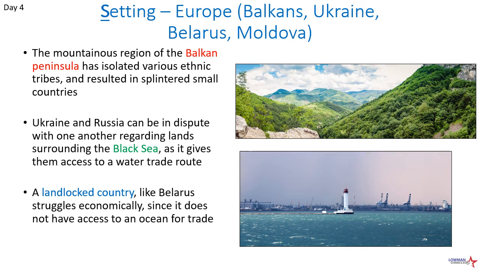The next thing is you're going to need to know the notes about Balkans, Ukraine, Belarus, and Moldova. And you're going to label it that because this is what the notes are going to be on. So, the mountainous region of the Balkan Peninsula has isolated various ethnic tribes and resulted in splintered small countries. So the Balkan Peninsula isolated various ethnic tribes and splintered small countries.